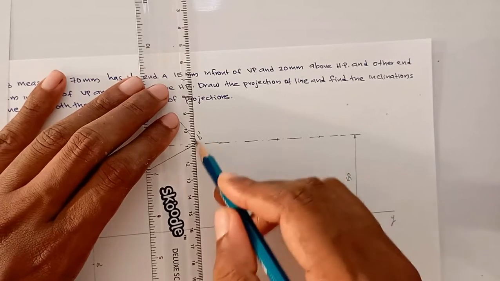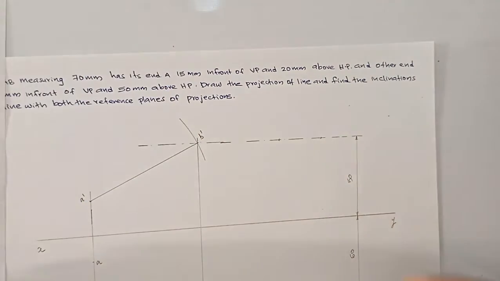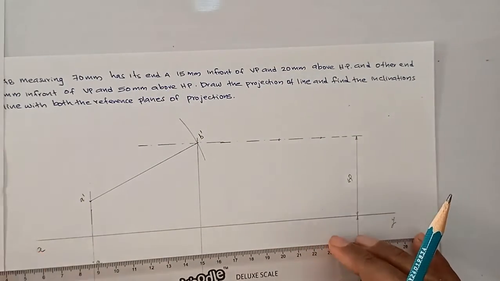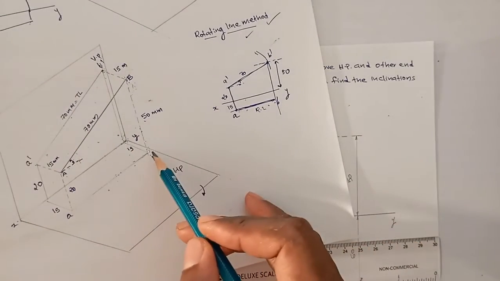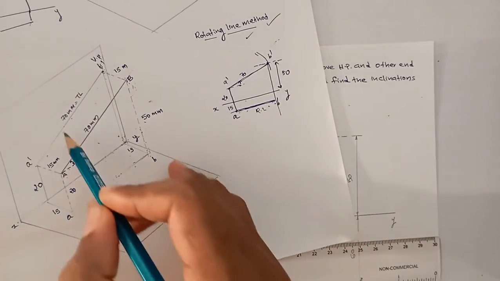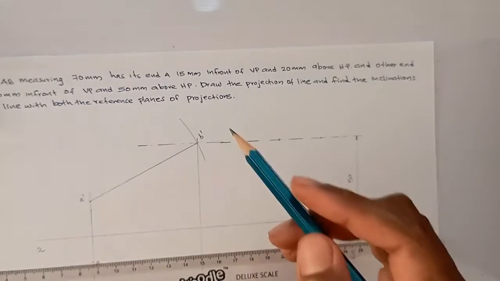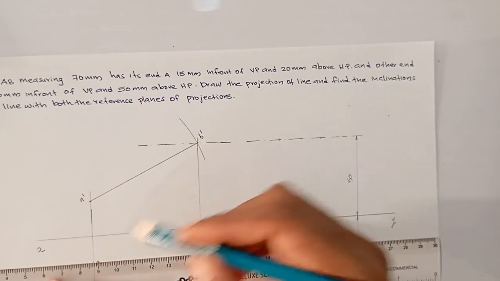The top view will be parallel to the XY line; this is the projection line. See here, this is the front view and top view. The top view is parallel to the XY line because the line is parallel to VP at a distance of 15 mm.